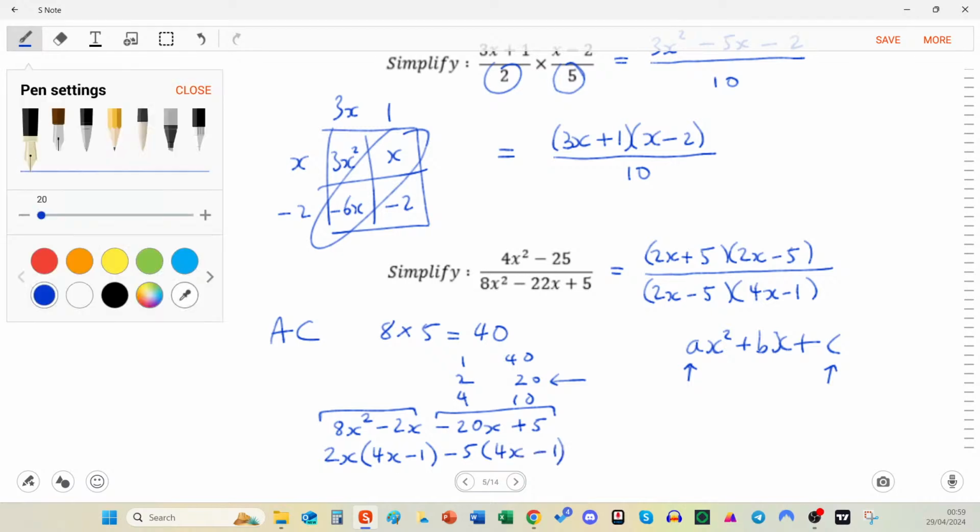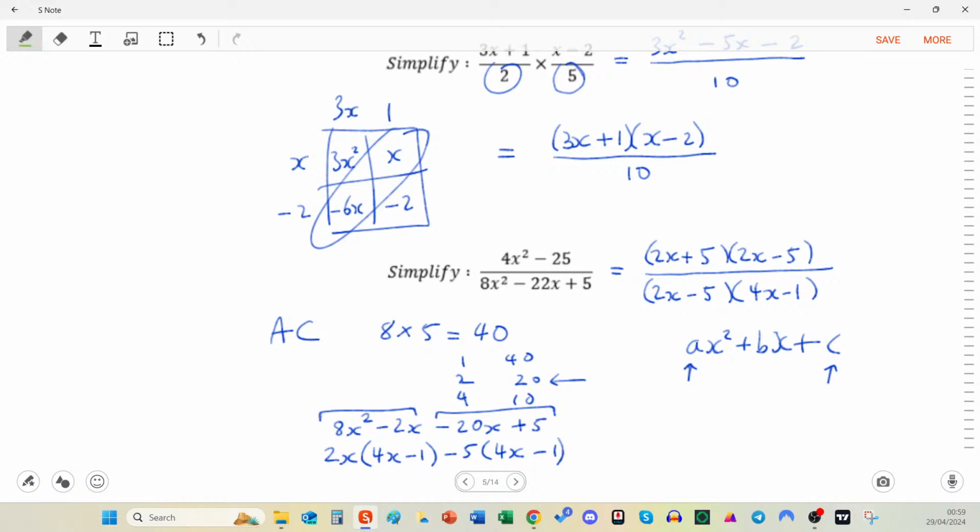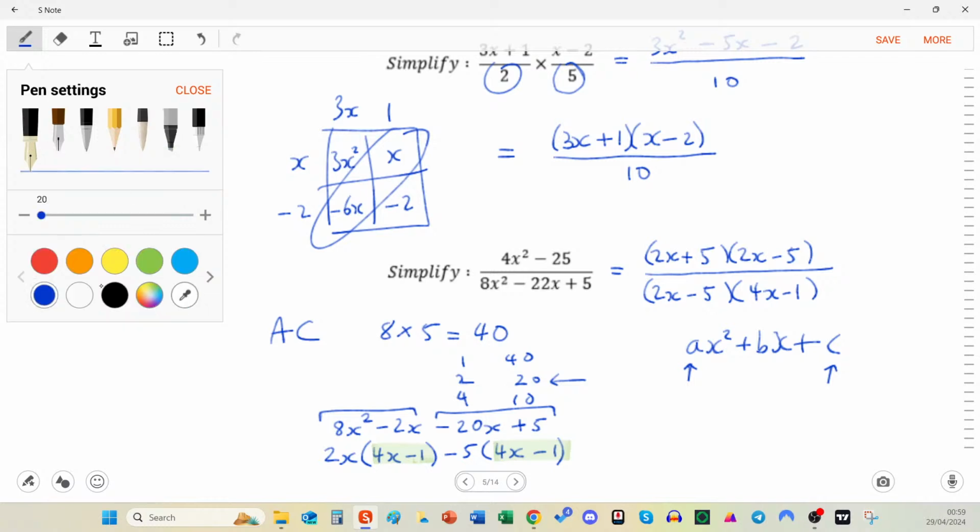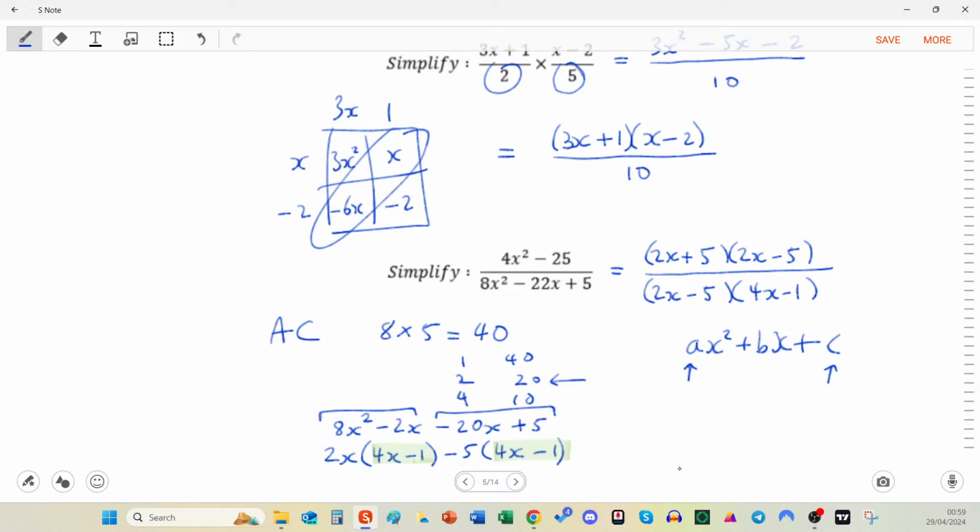And thankfully, we have a common factor bracket here and here. We're just going to factorize that overall thing now, which is going to lead to 4x minus 1 is common in both terms, and that's 2x minus 5. So we get to the same result by doing the AC method.